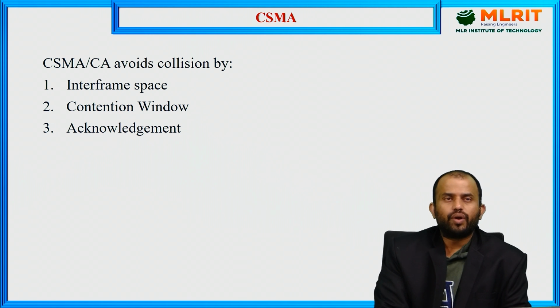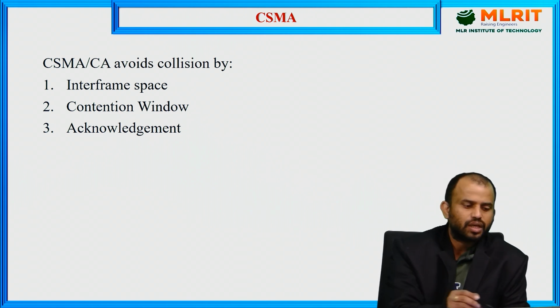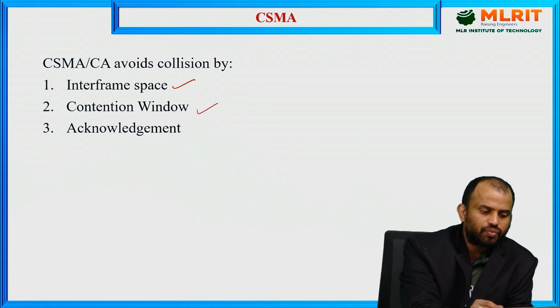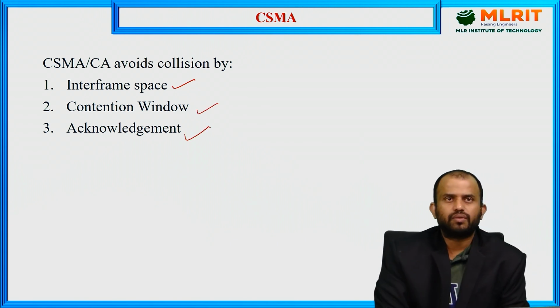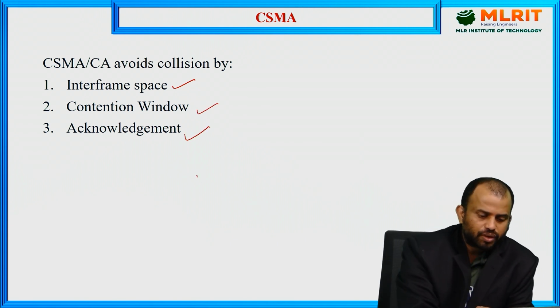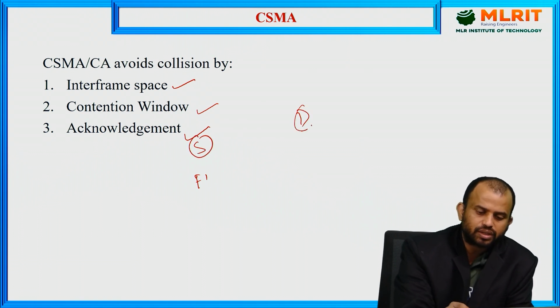But when we avoid the collision, what things are we using? We are using the interframe space value, the contention window value, and the acknowledgement value. Think of it this way: the source station is there as well as the destination station, and frame 1 is successfully transmitted.